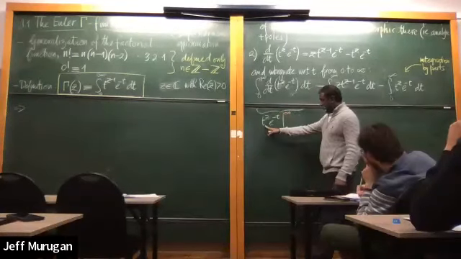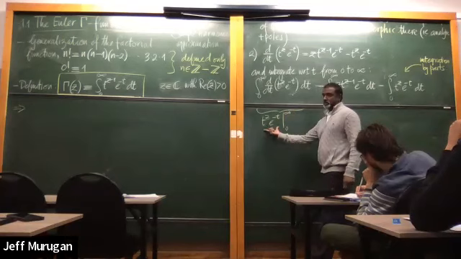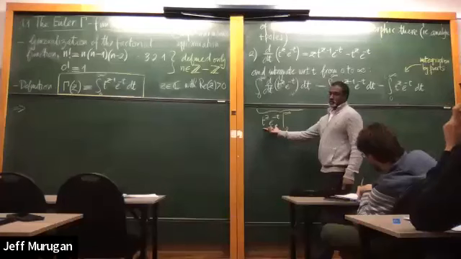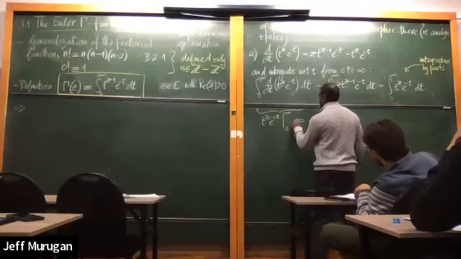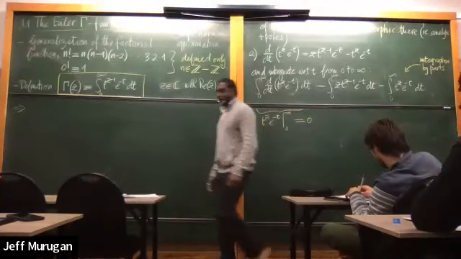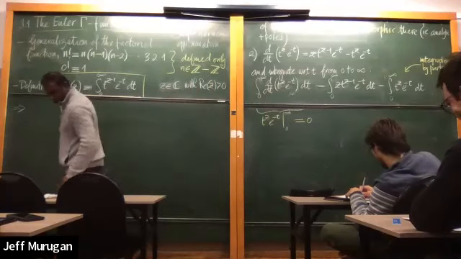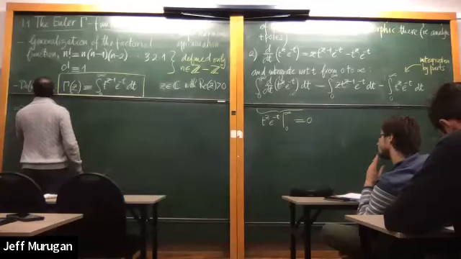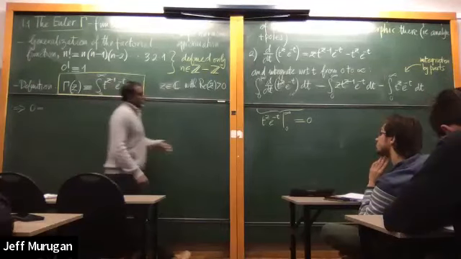Right? When t is infinite, the exponential dominates and kills it. When t is 0, the t to the z dominates and kills it. So overall, this is just 0. And that 0 is equal to things on the right hand side.